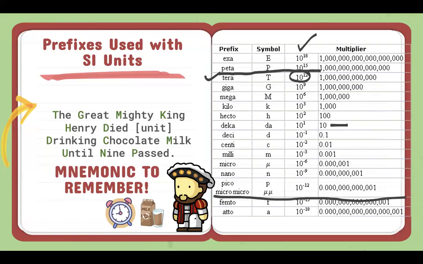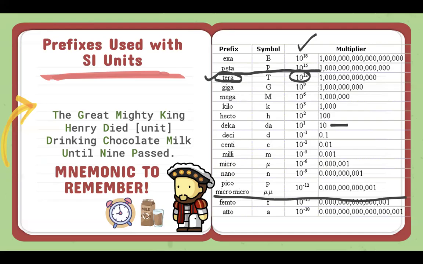So the mnemonic here tells us the first letters of the metric prefixes. So just remember these three things. We have King Henry, a milk, chocolate milk, and the time is 9 past. So the first highlighted letters represent the metric prefixes.